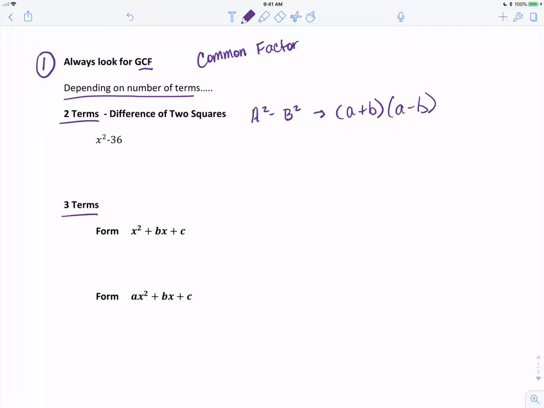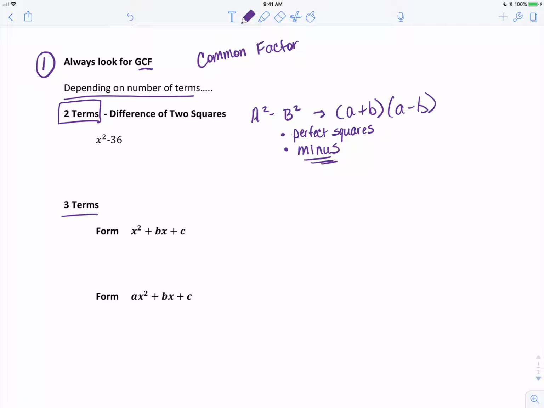What you're going to look for is, if it's got 2 terms, do I have perfect squares on both sides? And then what's the other requirement? It must have a minus sign.